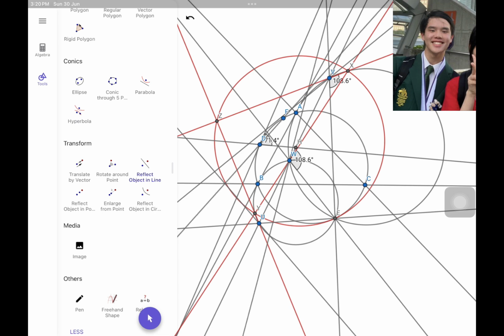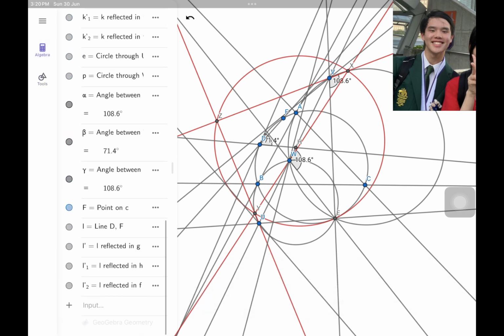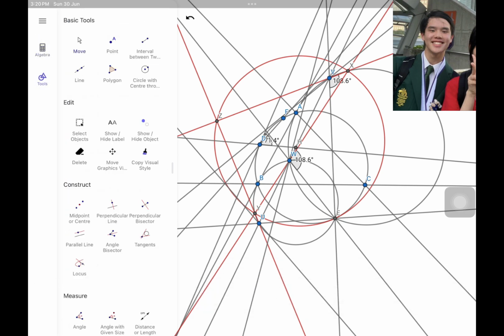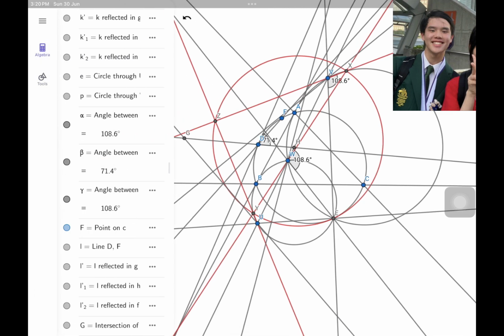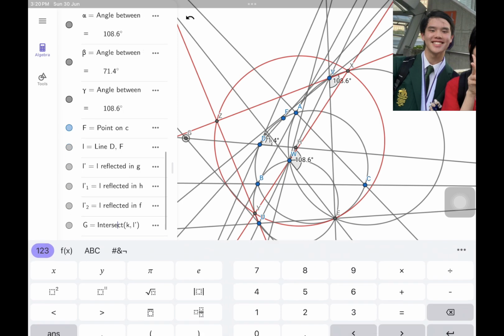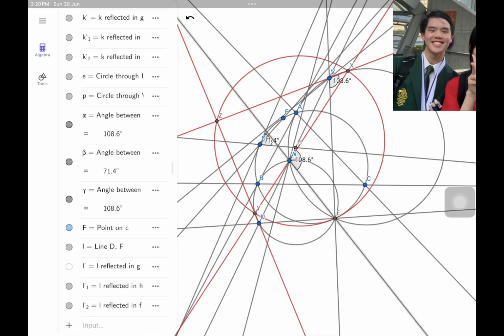And we intersect the 3 lines. Oops. Is that the correct intersection? No, it's not. Okay. It's that line, that line. It's those 3 lines.